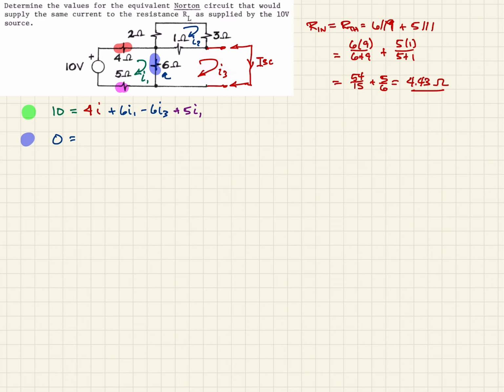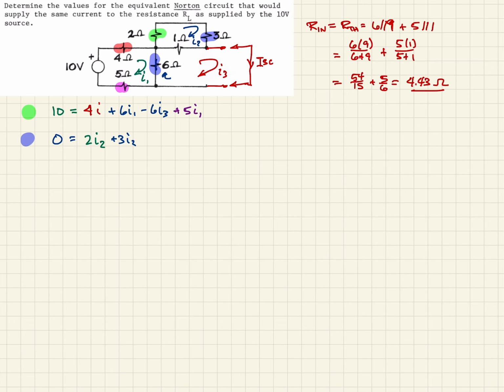So as we go through this, we'll start with this 2 ohm resistor. And so that'll be 2 times I2. And then we'll have this 3 ohm resistor. And so that's going to be plus 3 times I2.